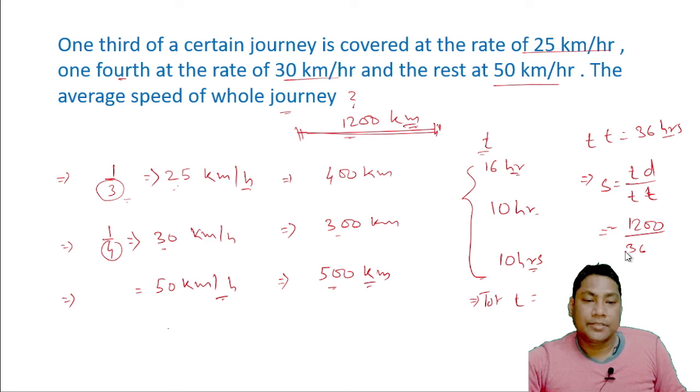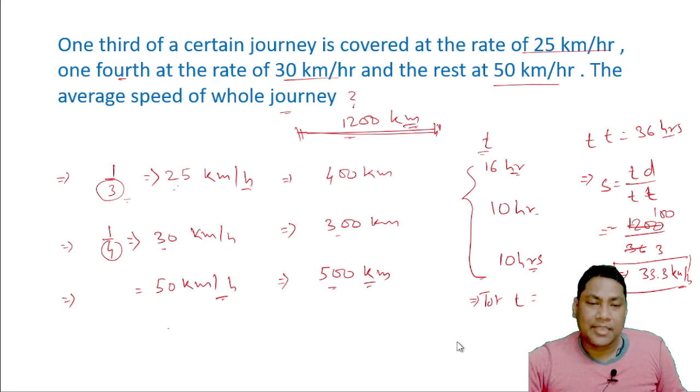If we divide both by 12, it is 100 by 3. If we solve, it will become 33.3 kilometer per hour. So friends, the answer will be 33.3 kilometer per hour. This is the method to find the average speed.